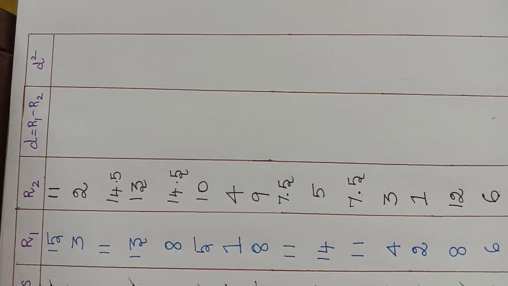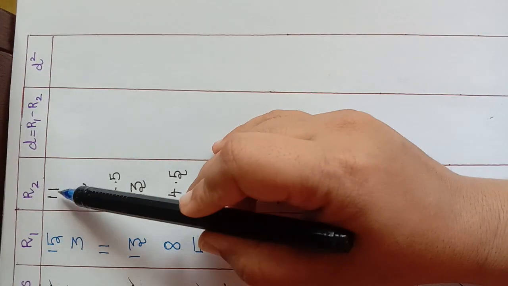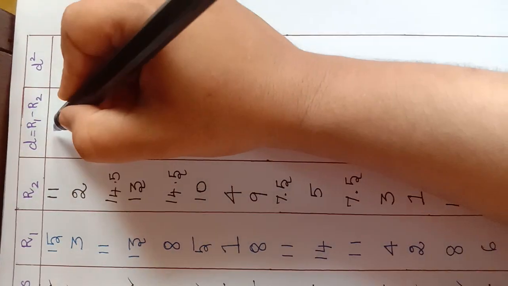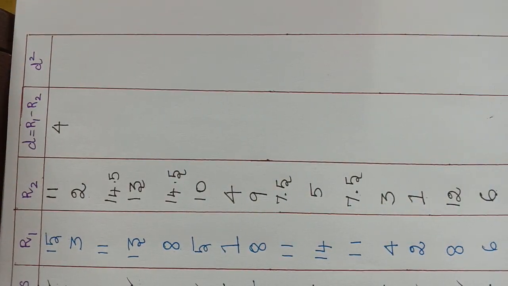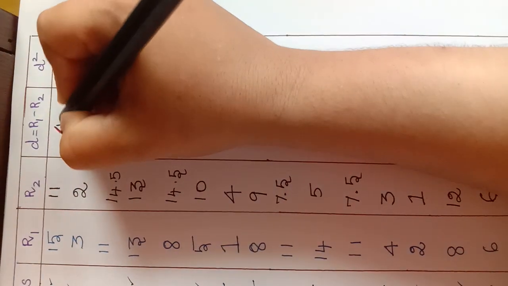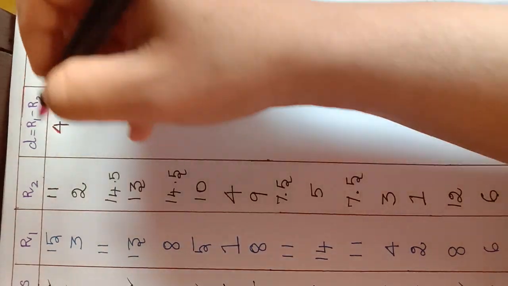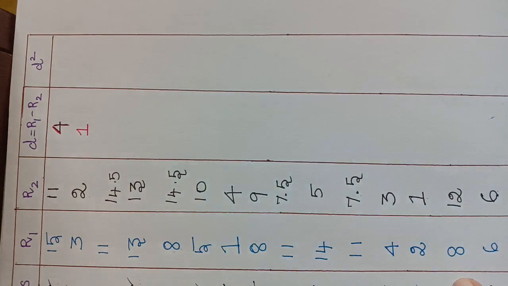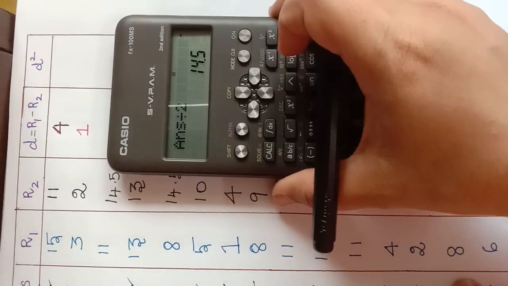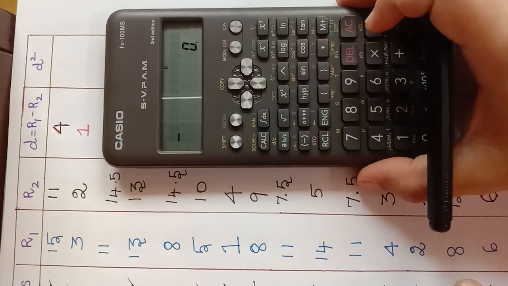So first is 15 minus 11, which is 4. Then 3 minus 2, so 1. 11 minus 14.5 will be minus 3.5. So I will just show you that.